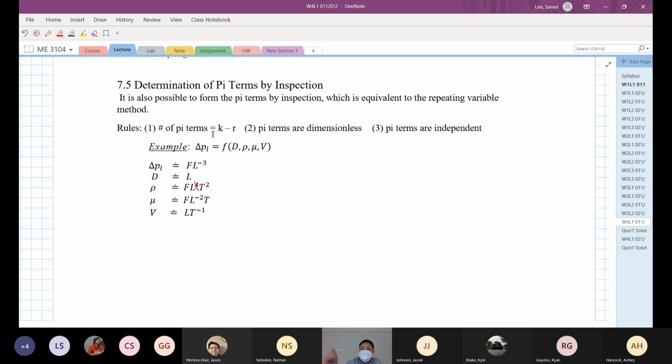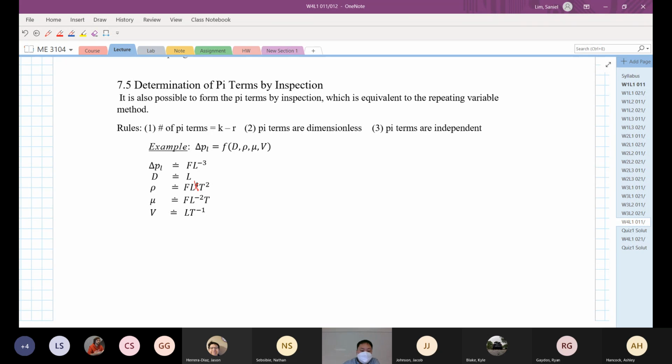Find the number of the pi terms, find the number of the reference dimensions, and choose repeating variables, and set up the first pi, second pi, third pi, and so on, to find the dimensionless coefficient. Okay, it's all about the same rules. We use the same rules, which is just find the number of the pi terms and make pi terms all dimensionless. And pi terms are all independent. As long as you stick to these three main fundamental concepts, then you can actually find the dimensionless coefficients without any steps like we used before.